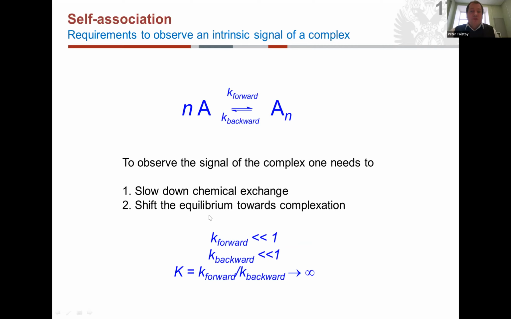The equilibrium constant is just the ratio of the rate constants, so I would like it to be large to shift the equilibrium towards complexation. Both of these goals can be achieved by just lowering the temperature. But by lowering the temperature, I can easily freeze the whole thing, and I would like to have high resolution spectra.